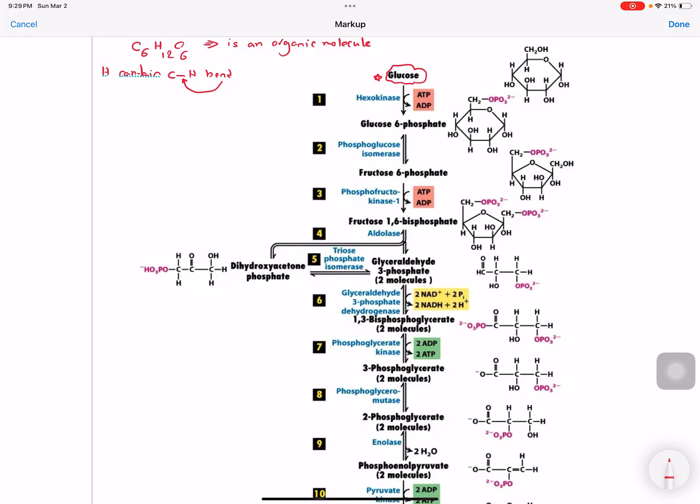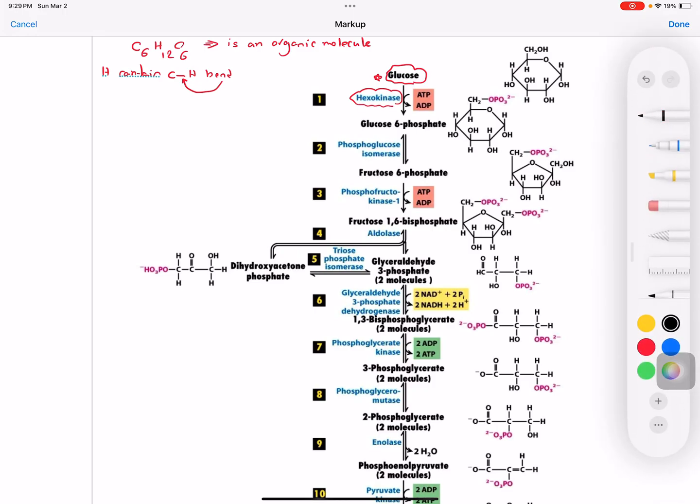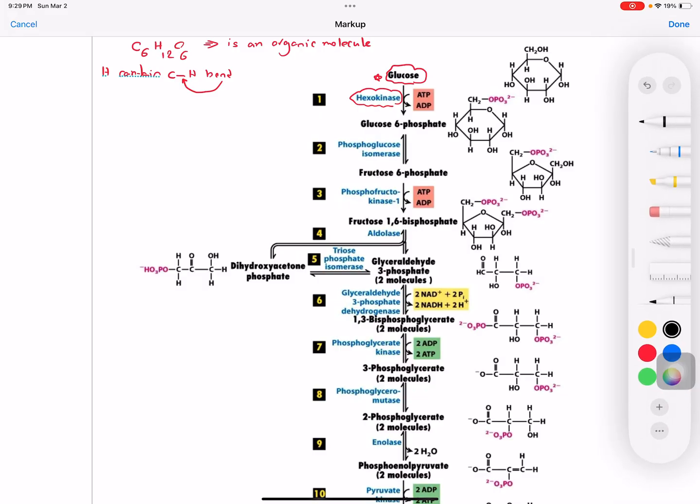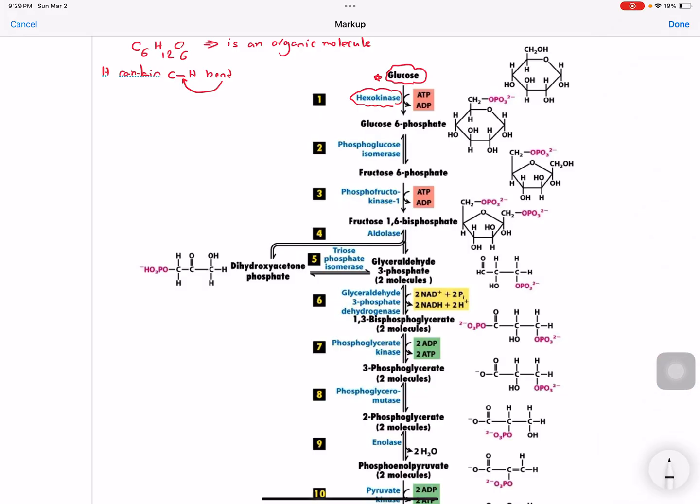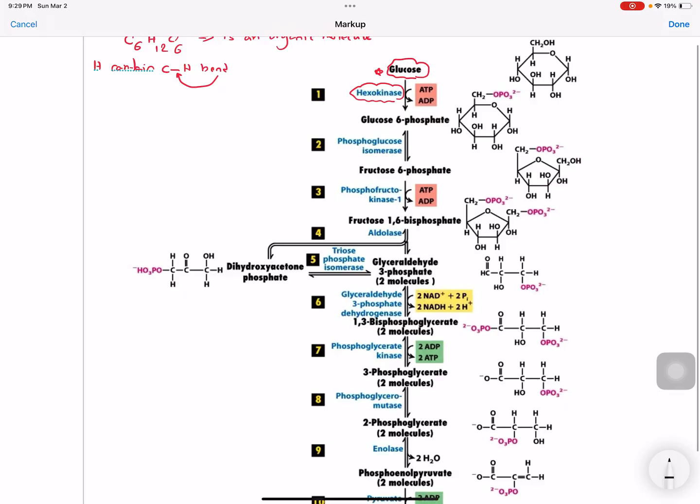So in the first step, we have glucose phosphorylation. There is an enzyme that is called hexokinase. Hexokinase is an enzyme that phosphorylates the substrate, here glucose, to glucose 6-phosphate by consuming an ATP molecule.